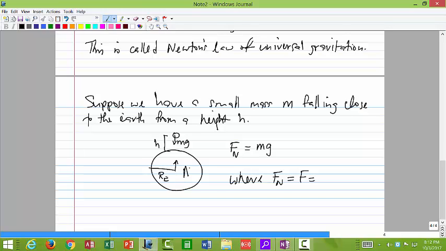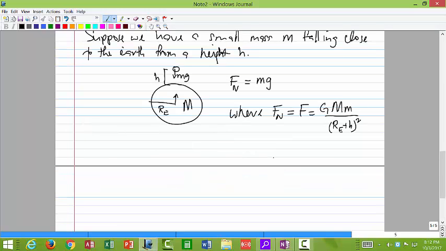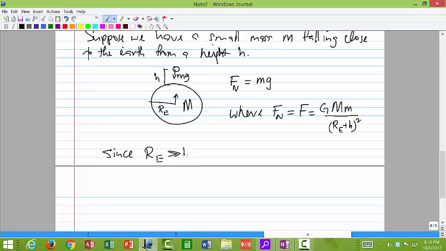Let's say uppercase M is the earth, so F equals G, uppercase M, lowercase m, over radius of earth plus h squared. Since the radius of the earth is much larger than h, we shall just use R_E plus h to be approximately equal to R_E.